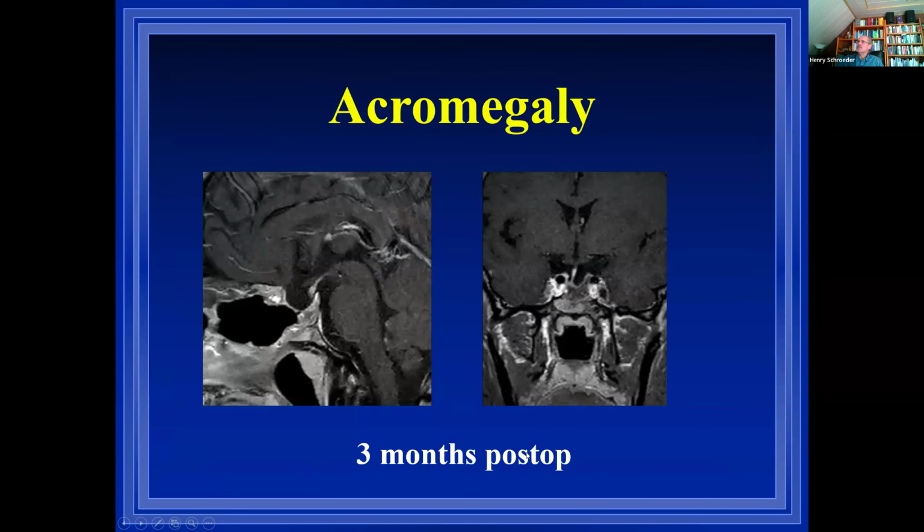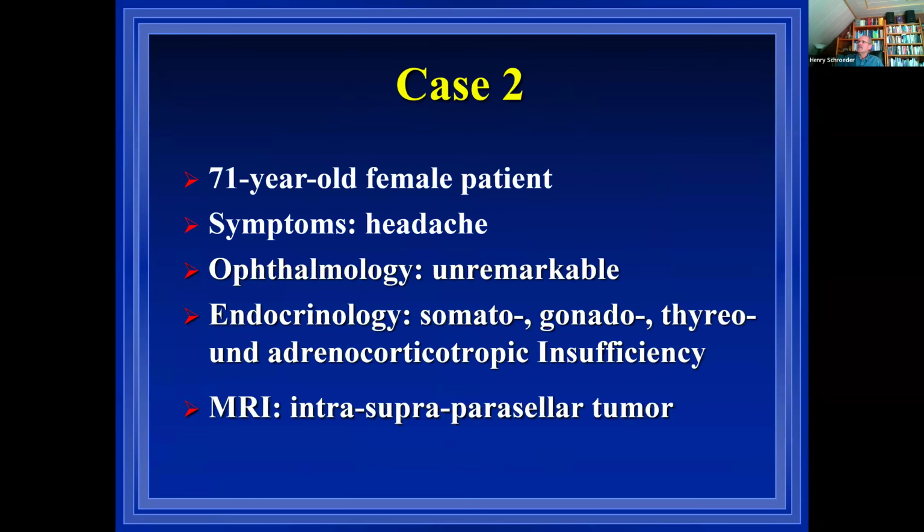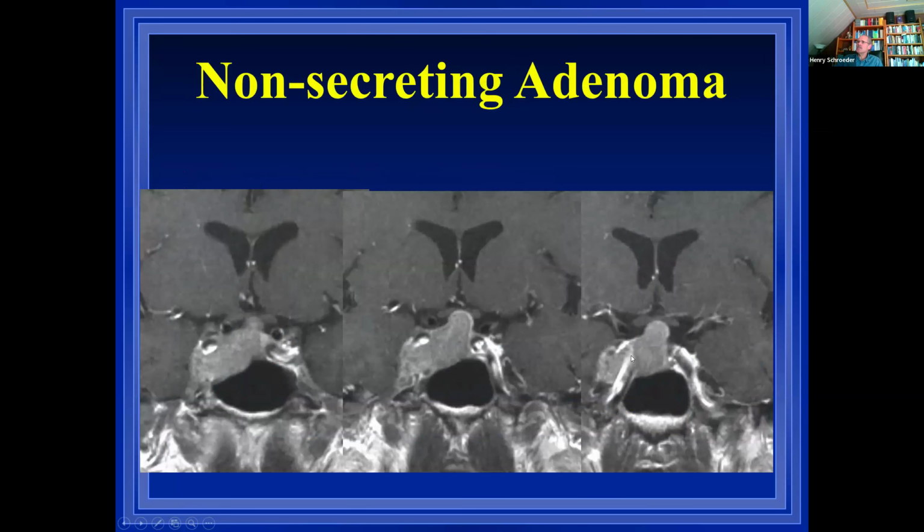And this is the MRI 3 months after the surgery. There's another case with a hormone-inactive tumor presenting with partial pituitary insufficiency, and it shows the tumor which goes around the carotid, so a grade 4 tumor.